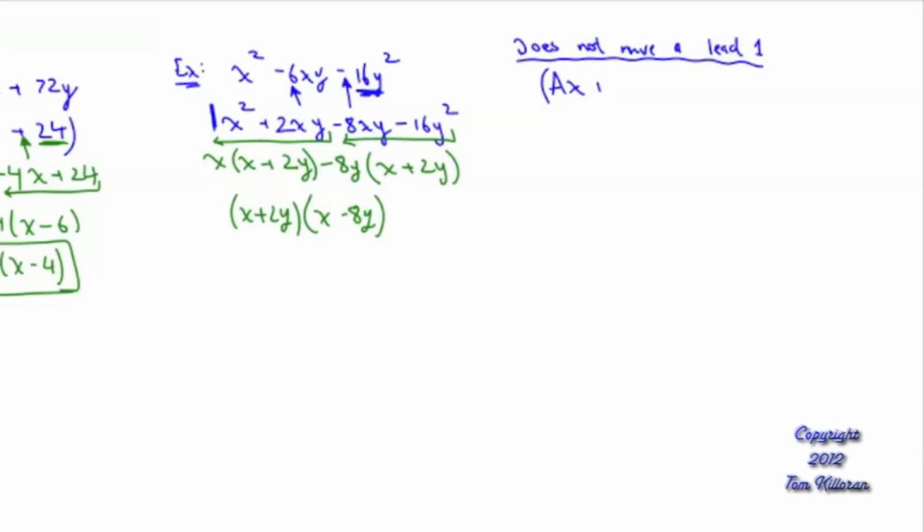AX plus B times CX plus D. Where A and C, not both of them are 1. One of them could be, but the other one has to be something other than 1. And the way I'm going to say that is the absolute value of A times C cannot equal 1. In other words, I don't want both of them to be 1. And we're talking integers here, not fractions.